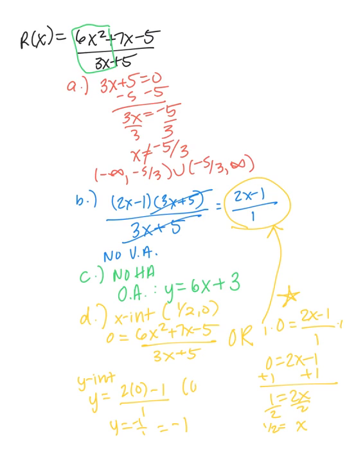So I have (0, -1). If I had gone back to the original, I would have gotten -5/5, which is still -1. So I'll get the same exact answers no matter what I go back to, whether my factored form or my original on those intercepts. All right. So now hopefully we can find all of the elements of a rational function.